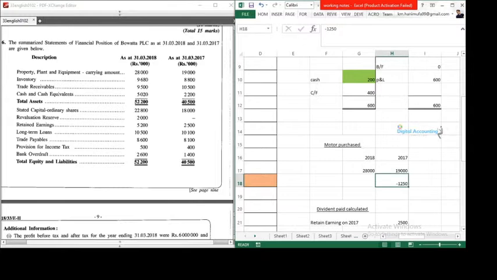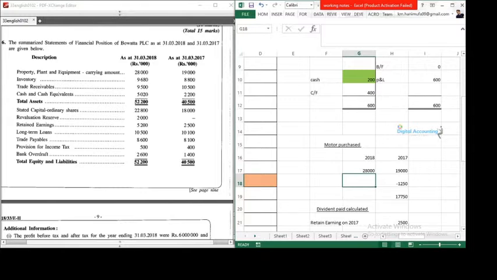We need to deduct this because, if you deduct this depreciation, we can see how much the value should be in 2018 after deducting for the year. The value shown for 2018 is 28,000, but there's a revaluation gain, isn't there? We consider how much the revaluation gain is, 2,000.